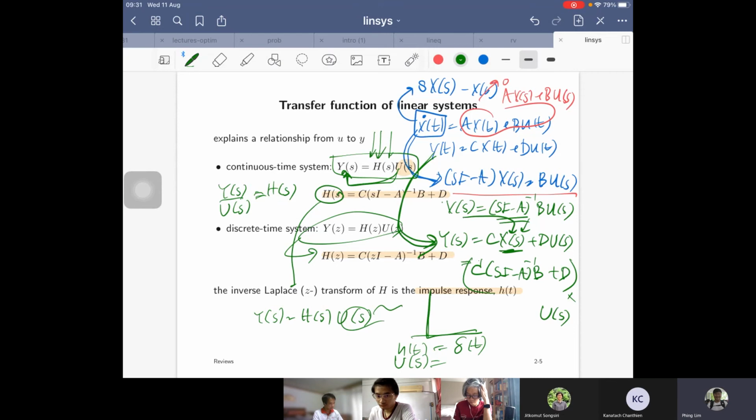Should be 1. Okay, so 1. That means your output response is actually the same as the inverse Laplace transform of your transfer function. So in that case, it is called the impulse response.